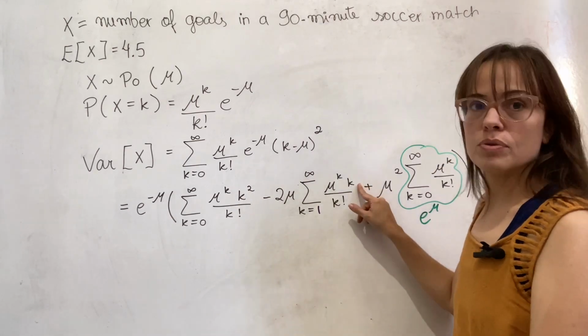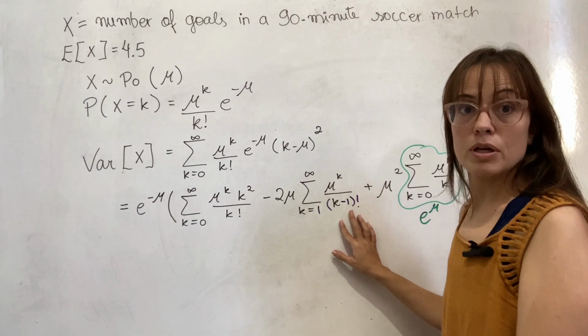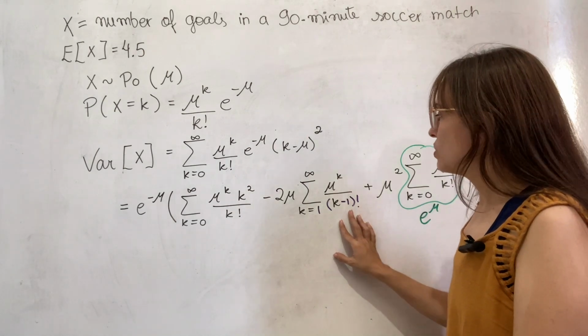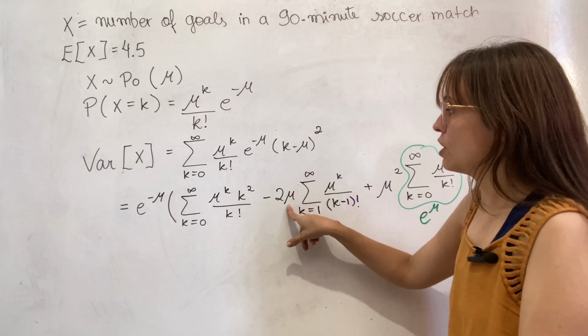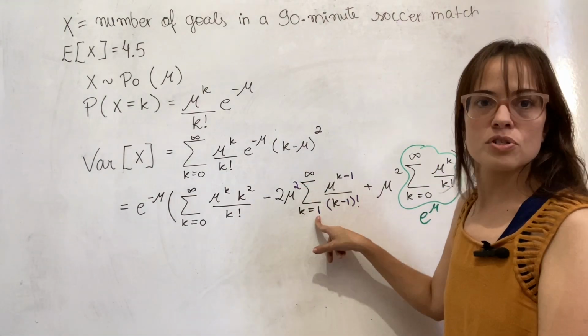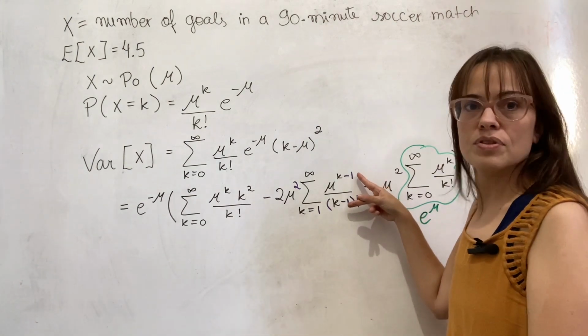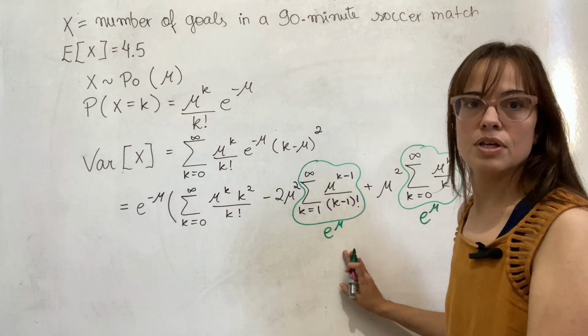Then we cancel out the k with the k from the factorial by making it into a k minus 1 factorial. Then we take one of the mu's and put it outside, so this one's going to be squared. Now we switch our variables again to go back to starting at 0 without having these minus 1s here. And the result is that we have another e to the mu.